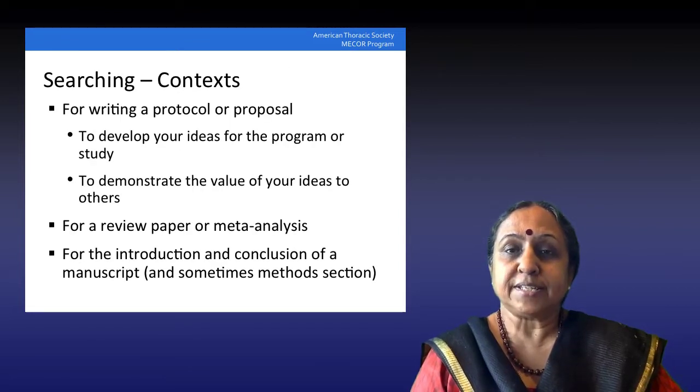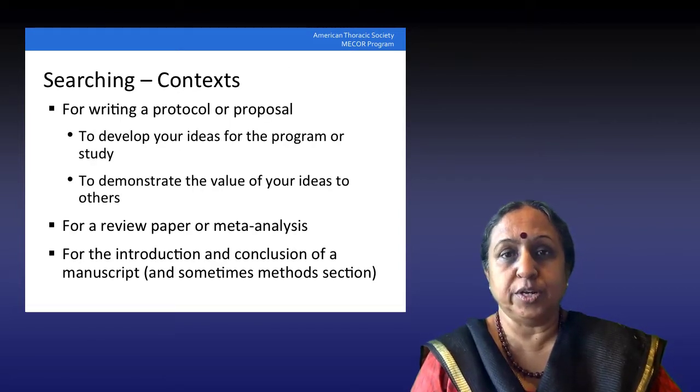What are the contexts in which you would do a literature search? If you're writing a protocol or a proposal, you need to show your ideas, you need to show the value of your ideas. If you're doing secondary research, a review, a systematic review or meta-analysis, you need to show that you have not left out any important study.